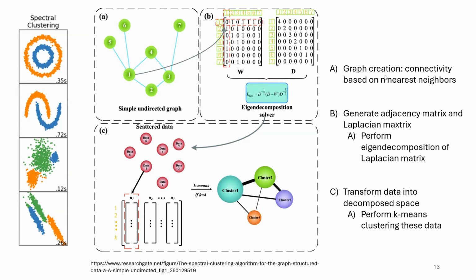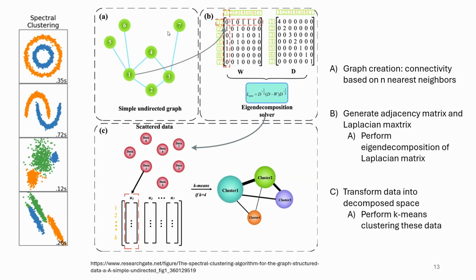Again, it's a graph theory based approach where you imagine the data points in our normal space, the PCA space. The first step is graph creation: looking at, for a given cell, how many data points are closest to it.